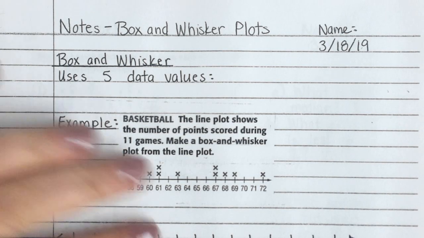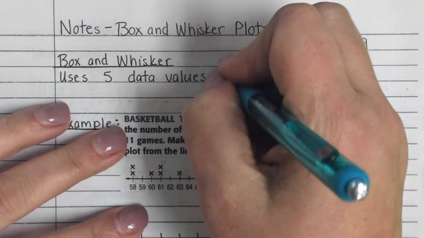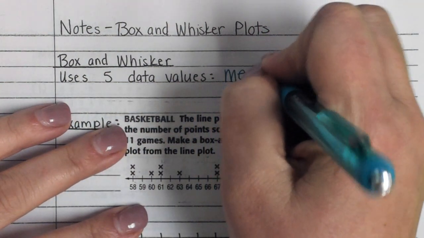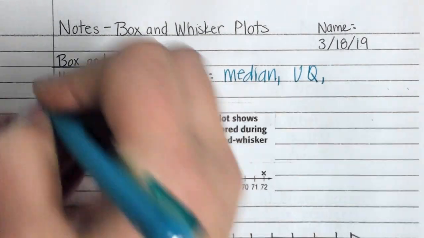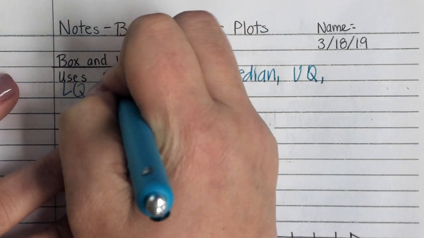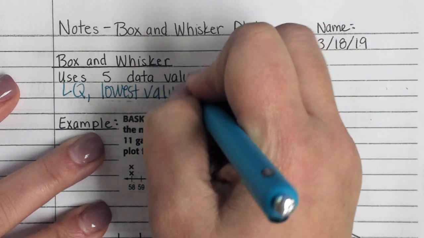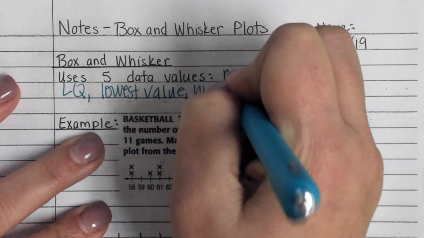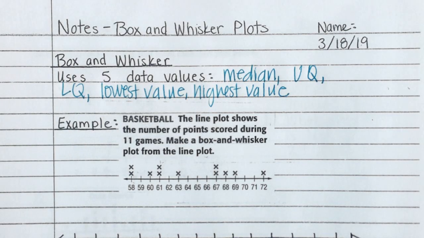For a box and whisker plot, the 5 values that we're going to be using are the median, the upper quartile or your UQ, the lower quartile, and then we're going to need our lowest value, which is just your lowest number, and then your highest value. So those are the 5 numbers we're going to be using to make a box and whisker plot.